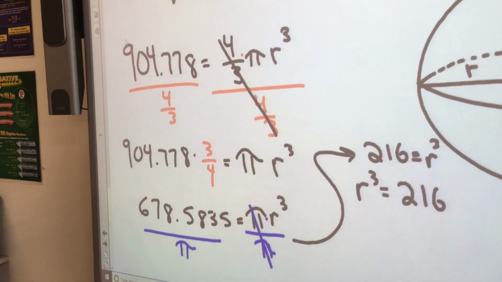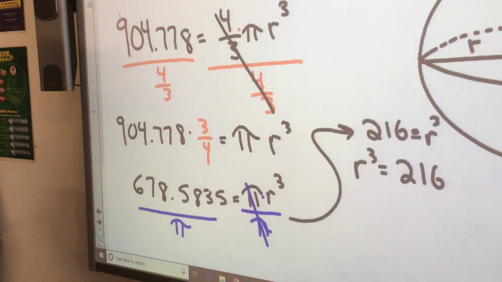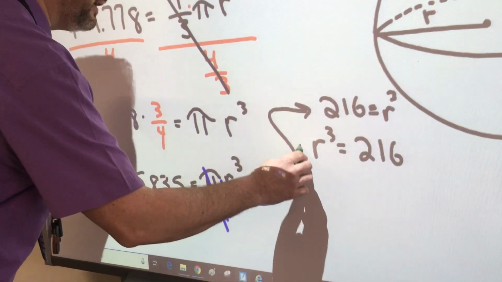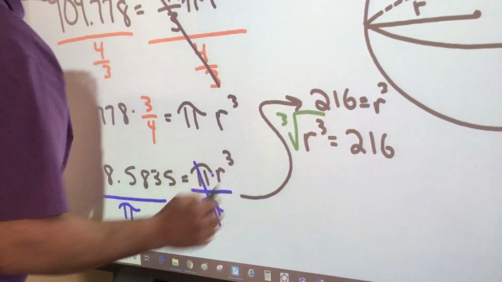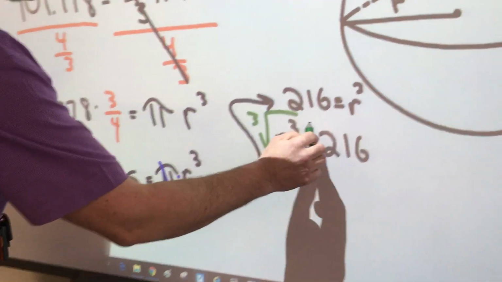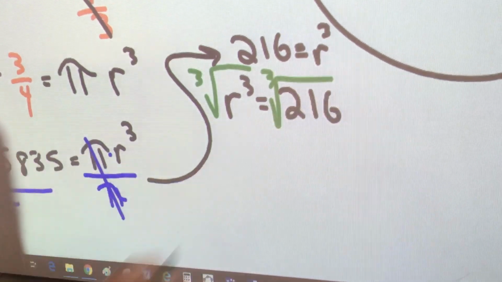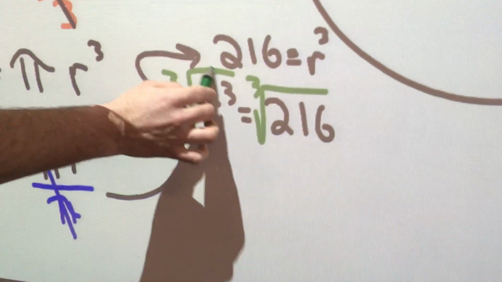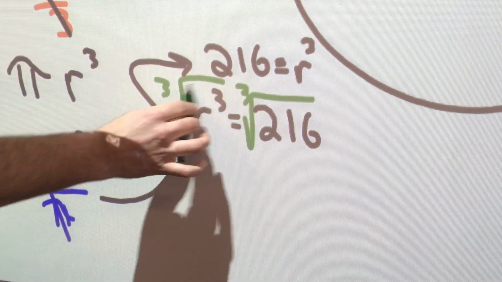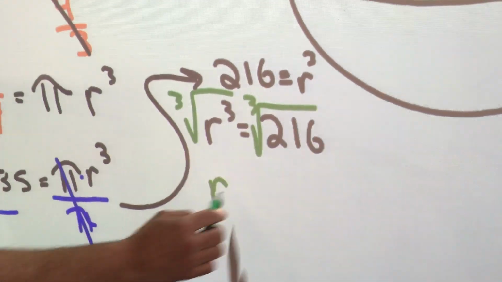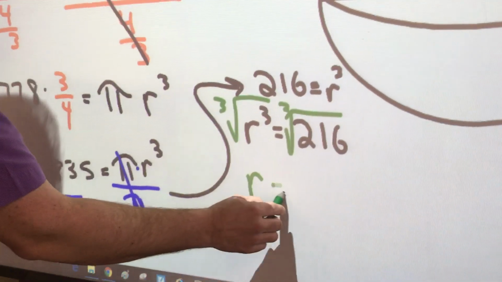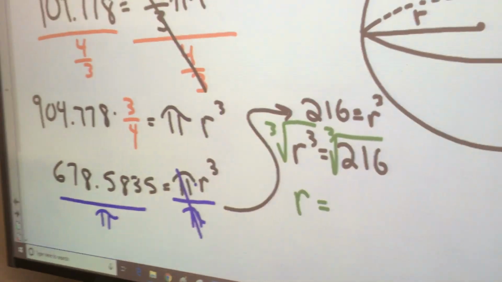So just like we're going to undo a squaring with a square root, we'll undo this cubing with a cube root. Now again, what I do to one side, I always have to do the other side. So the cube root of R cubed, well, the cube root and the cube cancel each other out. That leaves us with just the R. And the cube root of 216 is 6.